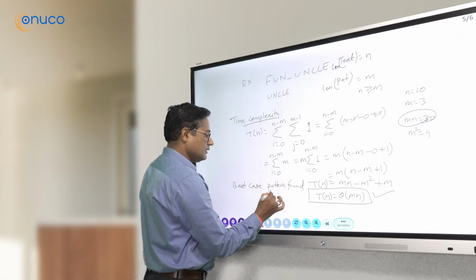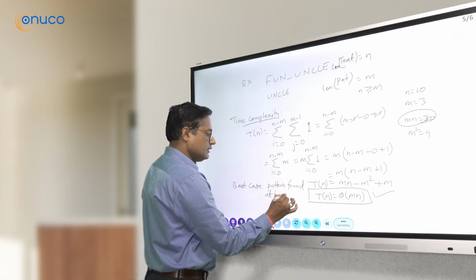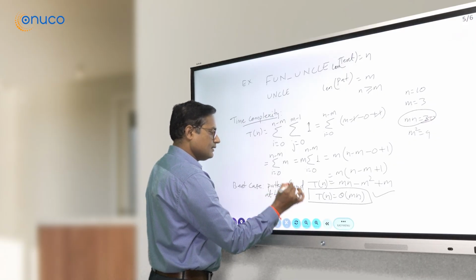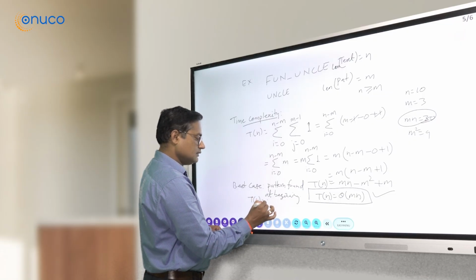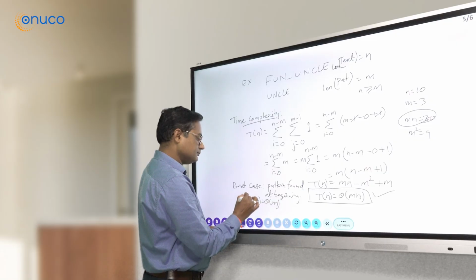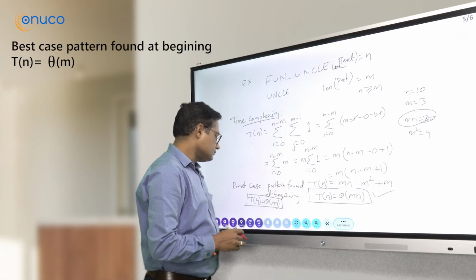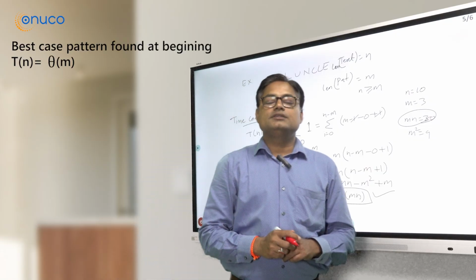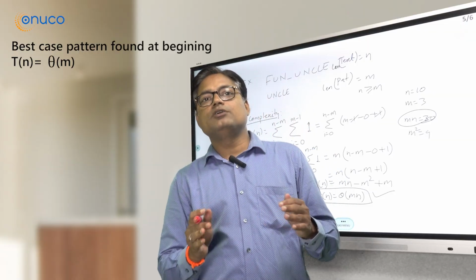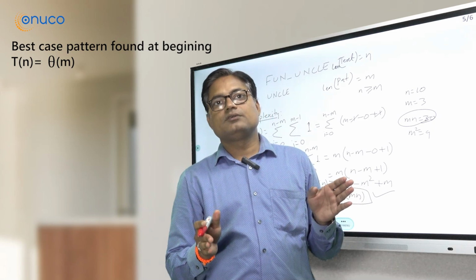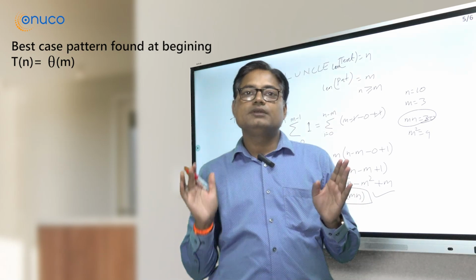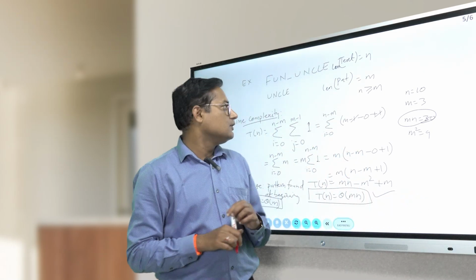In that case, the time complexity is theta of m. The best case is theta of m when the pattern is found at the very first position. Otherwise, theta of mn. Thank you very much.